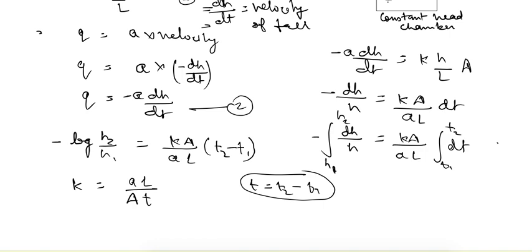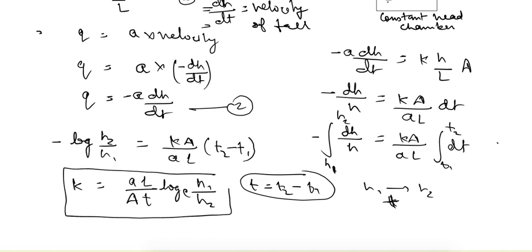T is the time of fall, the time for which the head falls from h1 to h2, so it takes the time t, and aL by At log e h1 upon h2.